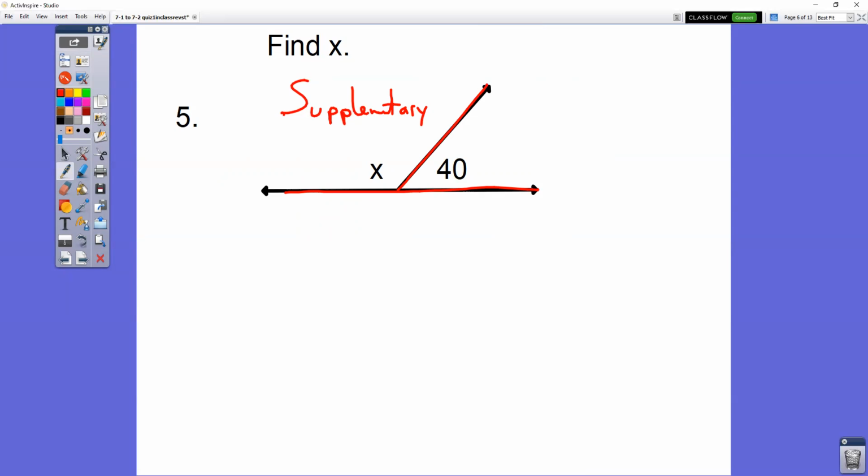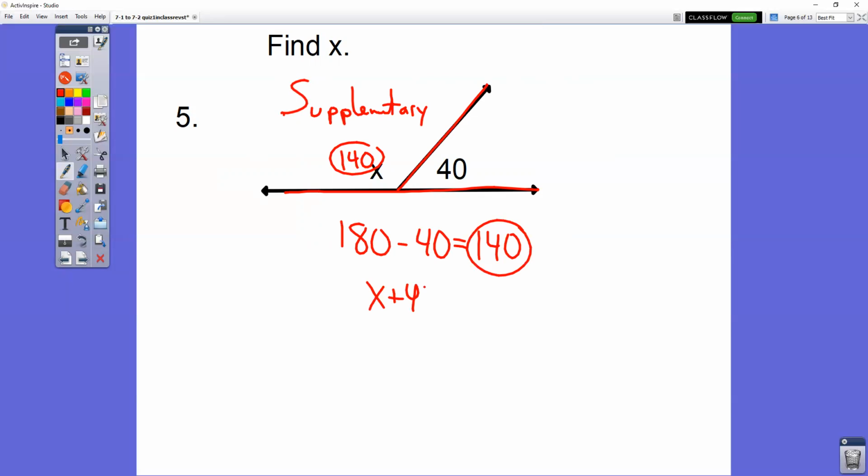So supplementary angles add up to 180 degrees. So this angle has to be 140 because 140 plus 40 gives you 180. Another way to find it would just be to take 180 and subtract out what you're given. So 180 minus 40 is 140. Or you could also set up a one-step equation, x plus 40 equals 180, and then solve for x, so minus 40 minus 40, and again, you get x equals 140.